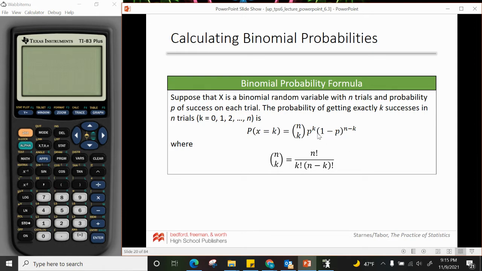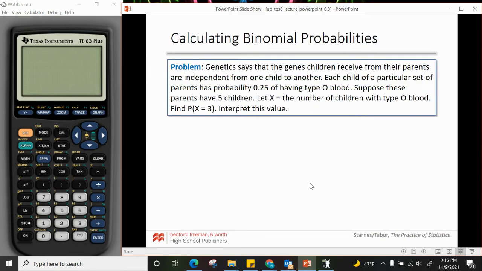This is a binomial setting, so success and failure are complements of each other. So failure is just 1 minus p raised to n minus k. And again, n k is just n factorial over k factorial times n minus k factorial. This number is also called n choose k, if you're familiar with choose and permutations. We'll see that in a second.